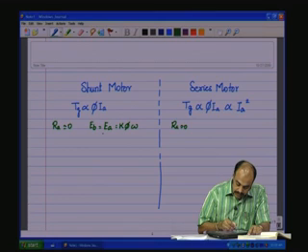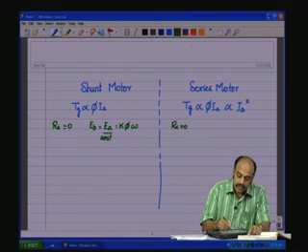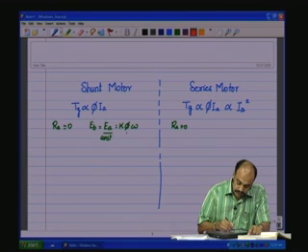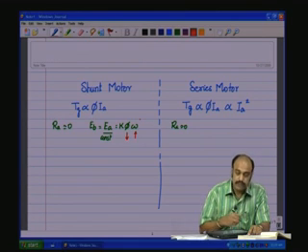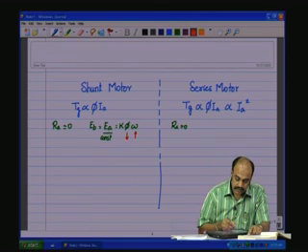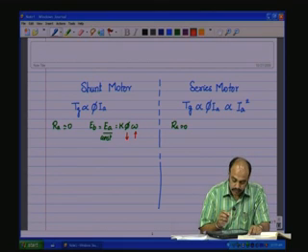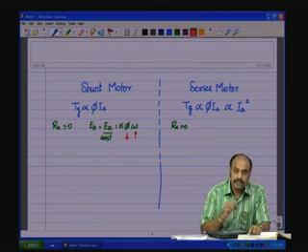Now, as this is a constant, we saw that if we decrease the flux, the speed is going to increase, or if we increase the flux, the speed is going to decrease, because these two are inversely proportional to each other to maintain this constant.